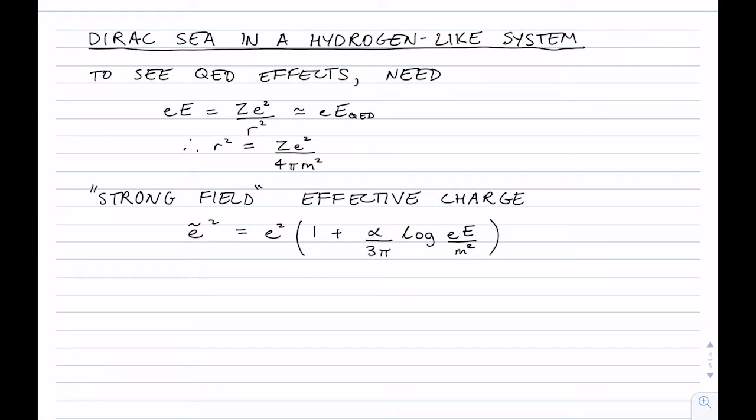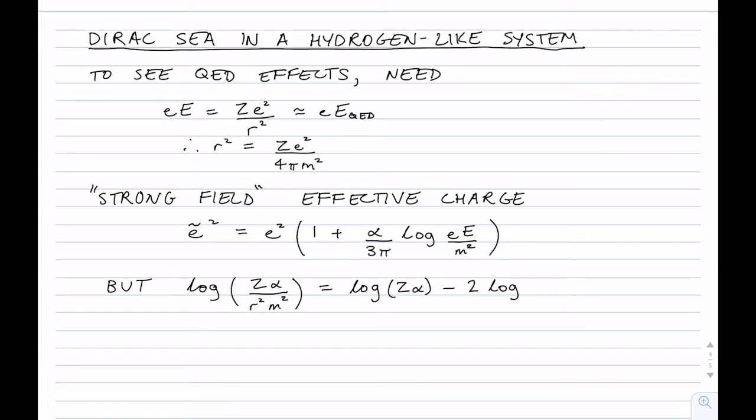What we want to think about is, what is this large logarithm doing? So E over m squared is now Z alpha over R squared m squared. That's the logarithm of Z alpha, which is not very interesting, and then I'll write minus 2 log of Rm.